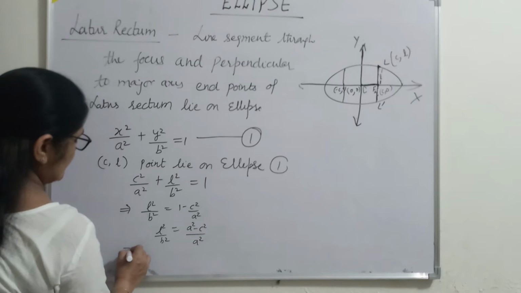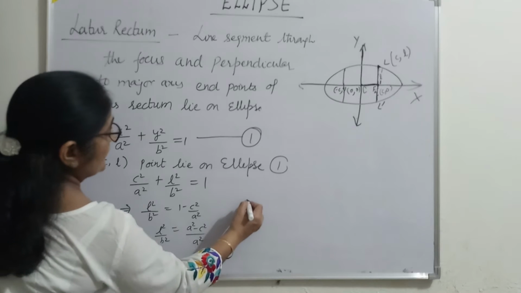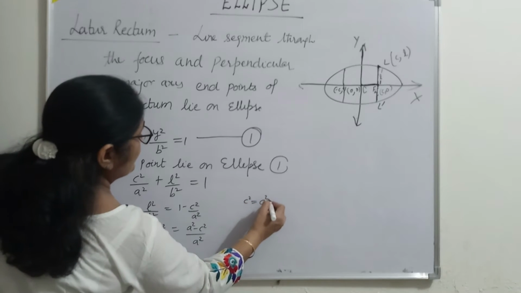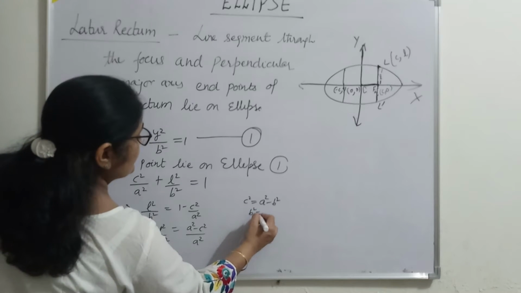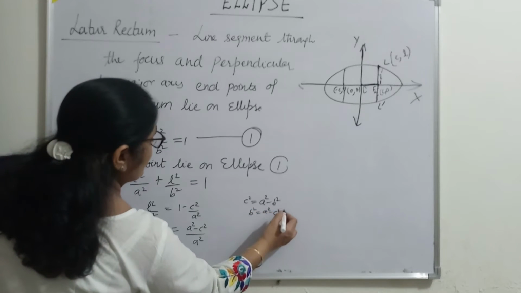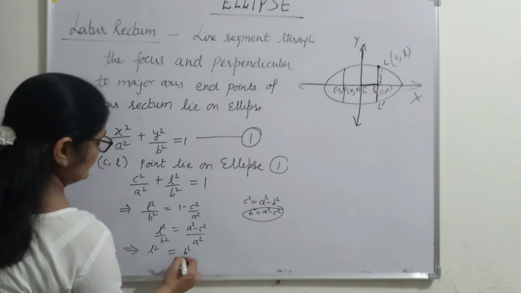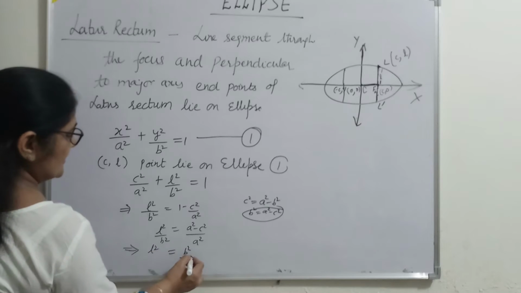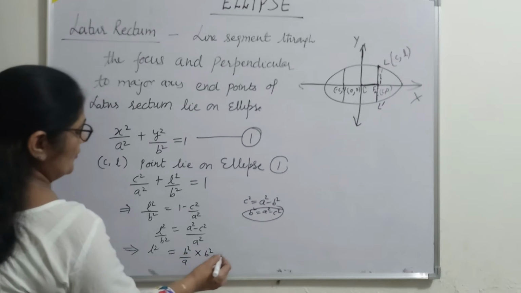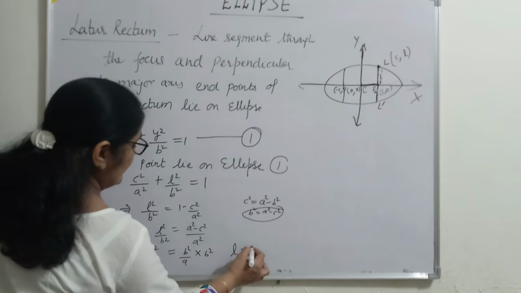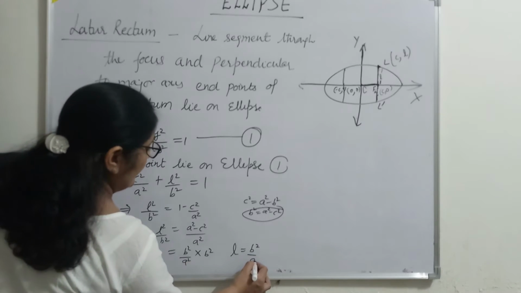And what is a square minus c square? As you know, the relationship for an ellipse is c square is equal to a square minus b square. So b square is equal to a square minus c square. So we replace a square minus c square by b square. l square is equal to b square upon a into b square, so l square is b to the power 4 upon a square. So what is l? The length is b square upon a.